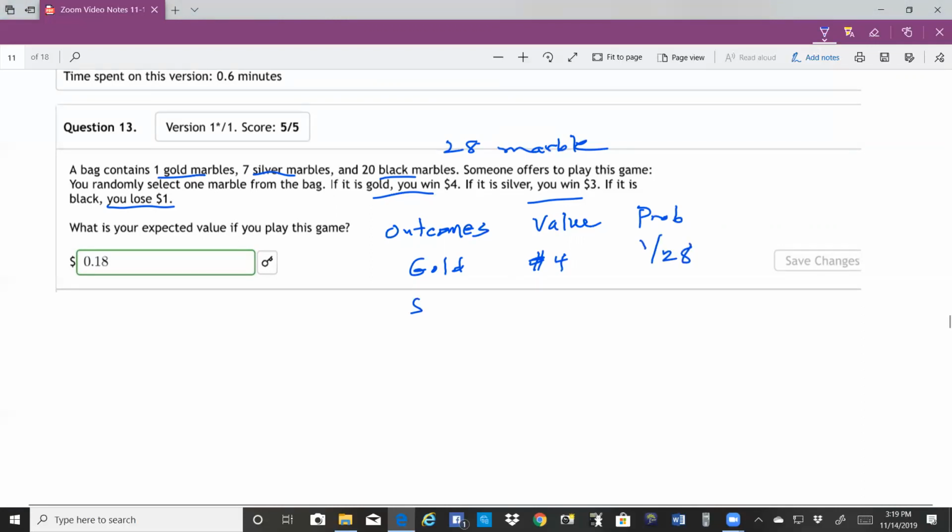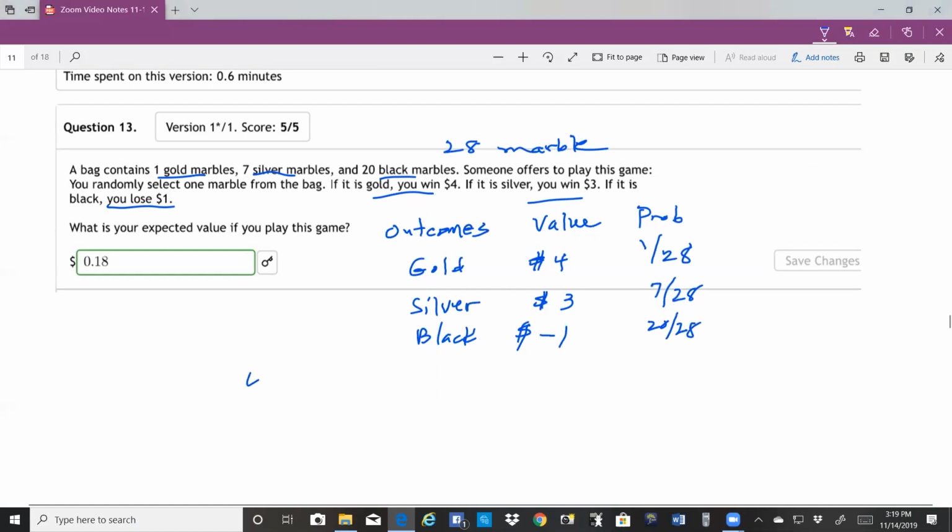If it's silver, you get $3. And since there are 7 silver marbles, the probability is 7 out of 28. And finally, the black marbles: you will lose $1, and the probability of getting a black one is 20 out of 28.